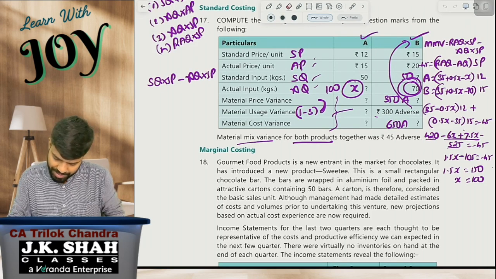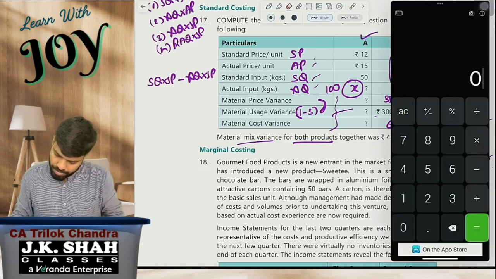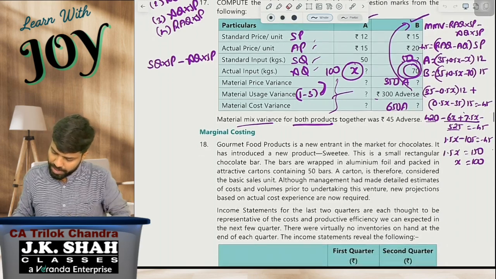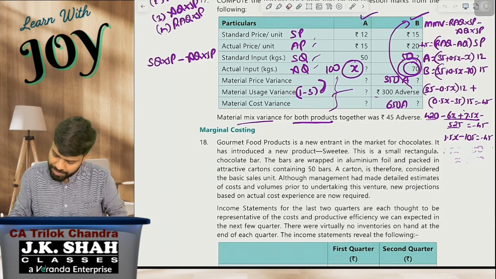Okay, standard price of A is 12, standard price of B is 15. 70, okay. Okay, what happened is, here I made the mistake.